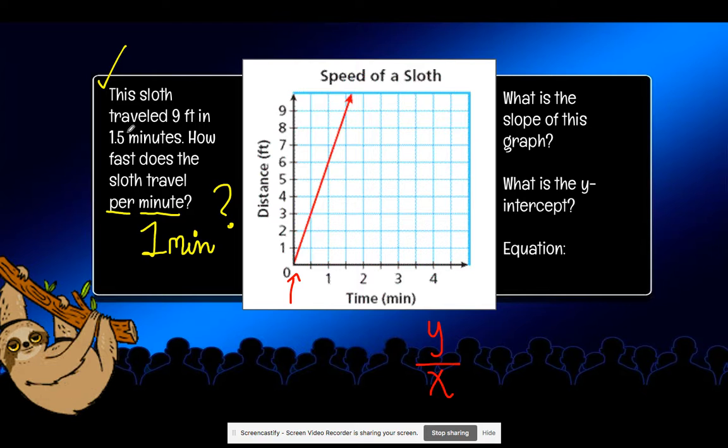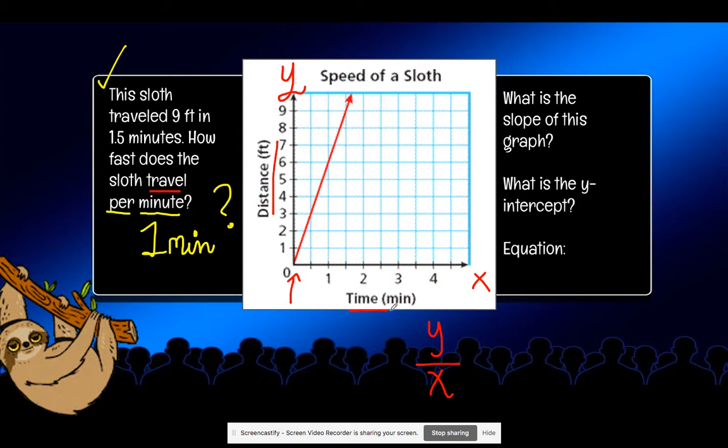Okay, so this sloth traveling at 9 feet in 1.5 minutes, I want to know how much the sloth traveled in 1 minute. So as you can see here, x is the time, which should be 1 at the bottom of my fraction when I'm finished calculating this. And my y value was my distance.